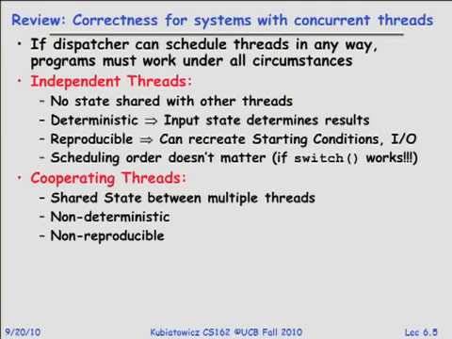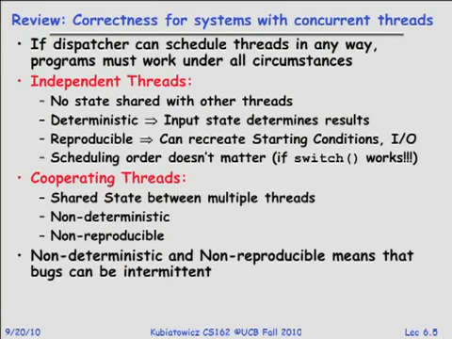There are spare seats up there, so make sure not to sit on the floor. Several seats throughout. So cooperating threads are non-deterministic and non-reproducible. You run them twice, and if you've programmed them badly, you get a different answer each time. That's unfortunate, and this is often called Heisenbugs.